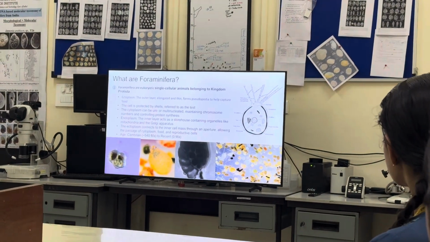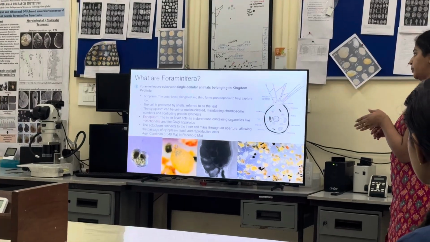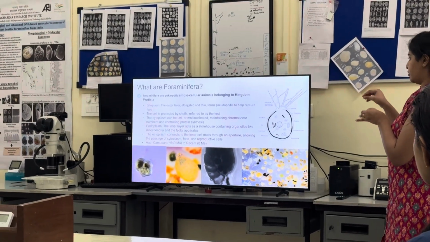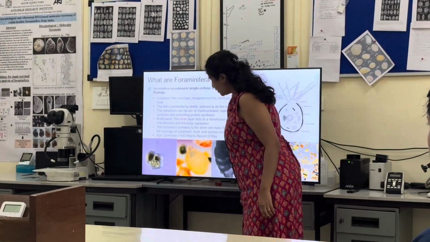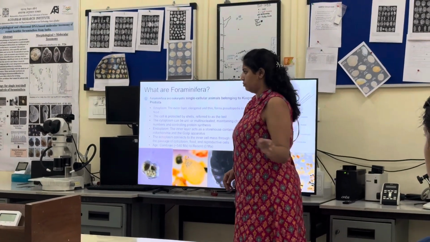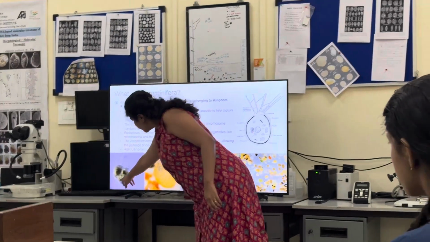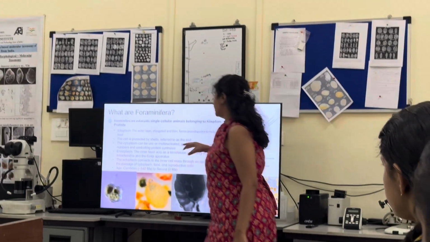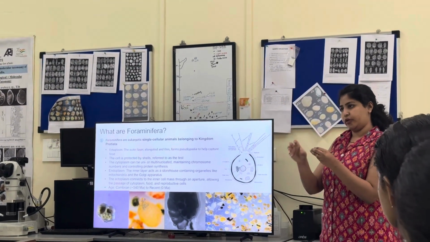Next, they have general structures like mitochondria and Golgi apparatus, and there is an aperture, which is like this. It is like this here and somewhere here. So that aperture and the entire internal system are connected together.